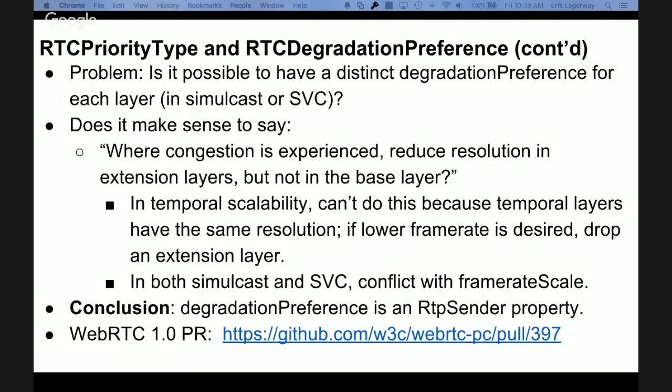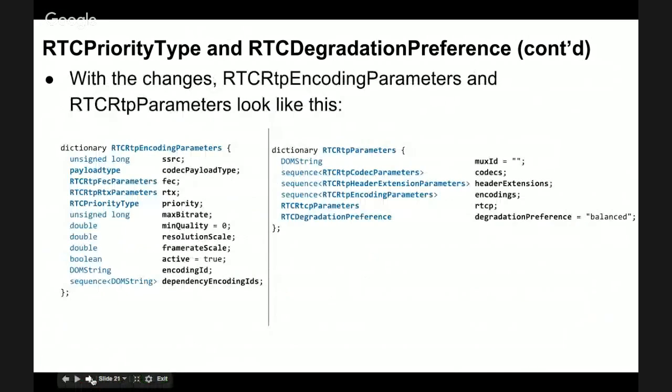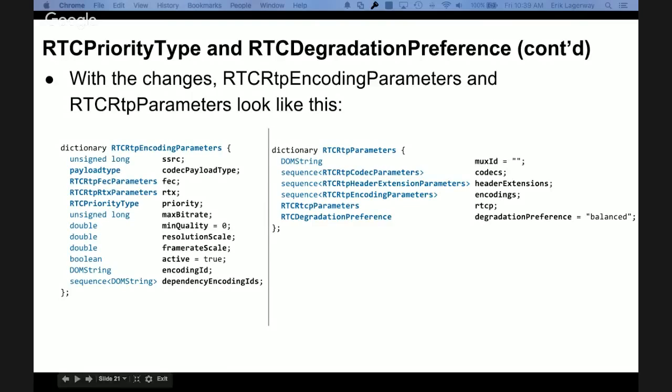Okay. So next slide. This is basically what the encoding parameters and RTP parameters would look like with those changes. Degradation preference is now in RTP parameters, and I guess the proposal is just to stick it at the end there.